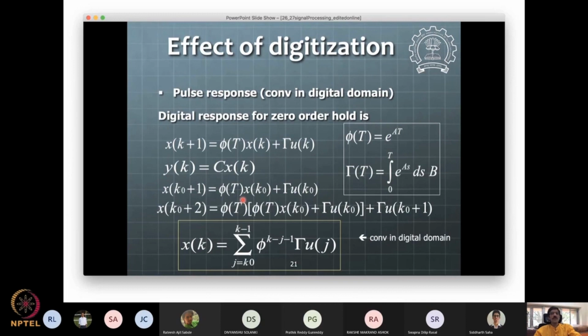If for some reason you cannot use a higher sampling time, see, most of the time when you have analog controllers, you use a higher sampling time and you will be fine. You will not be so bad in implementation of control.